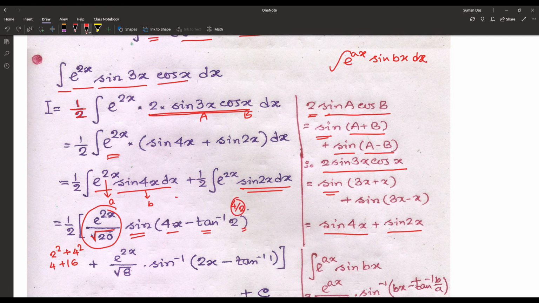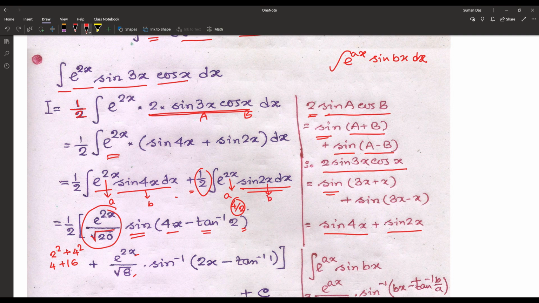Now the second one, plus half. So that is now e^(2x) divided by the square root of, now here a is 2, b is also 2.